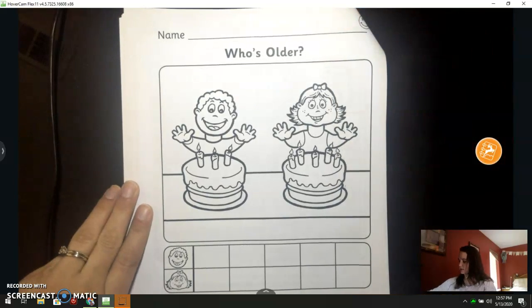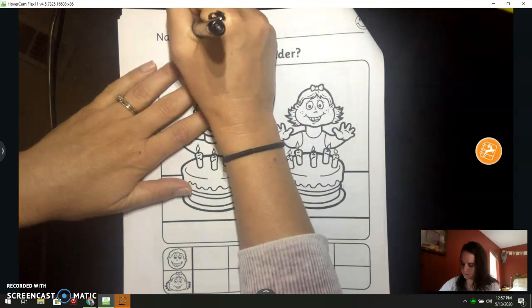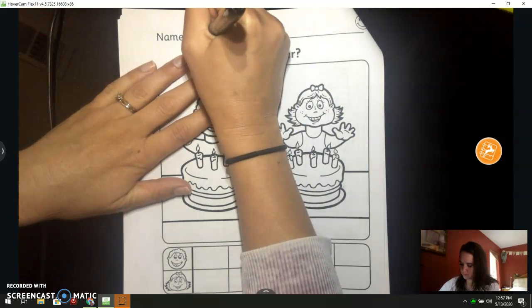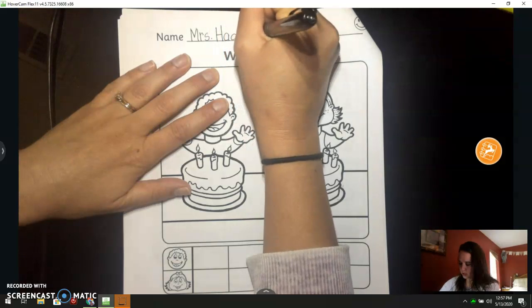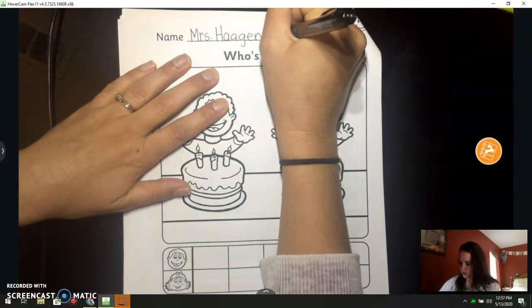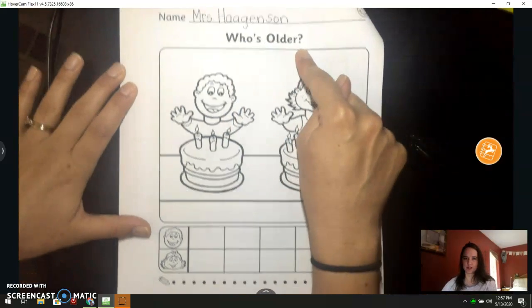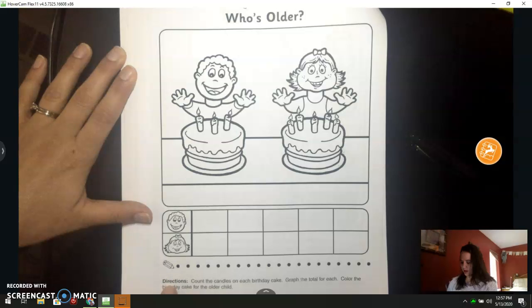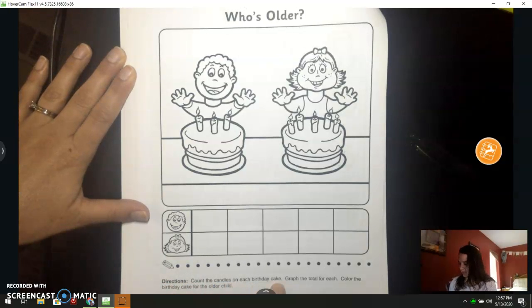First thing I do is always the same. Pick up a pencil and write my name. This page says, who's older? My directions down at the bottom say directions, count the candles on each birthday cake.